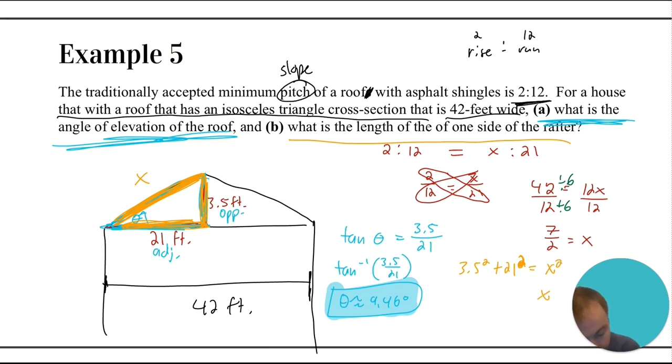So basically x should just equal the square root of 3.5 squared plus 21 squared. So let me just enter that in our calculator. The square root of 3.5 squared plus 21 squared gives you about 21.29 or so.